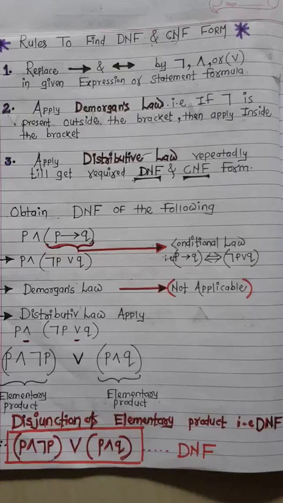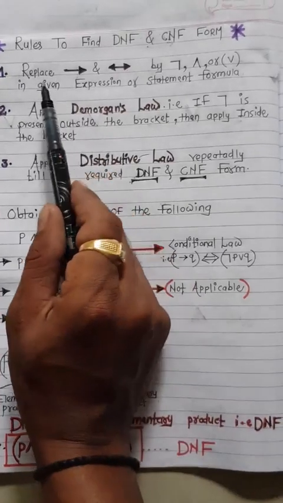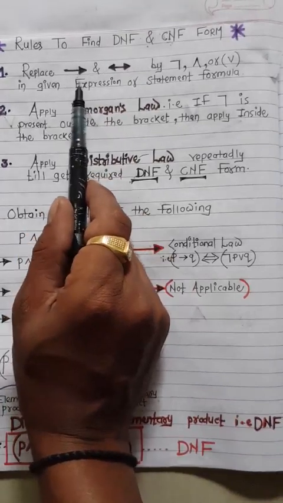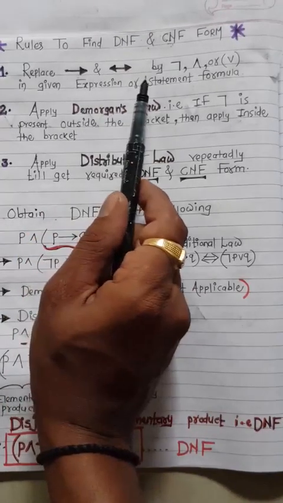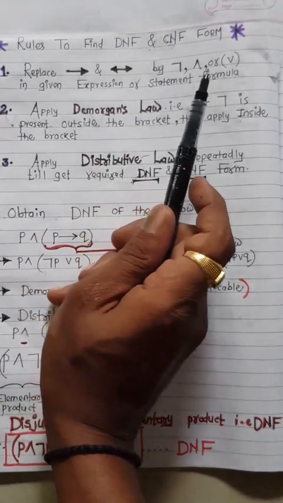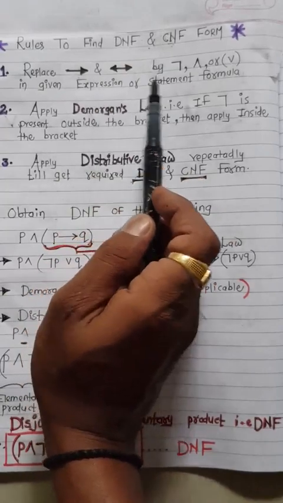So today we'll see how to obtain the DNF and CNF form with respect to a given expression. For that we are going to follow basic fundamental rules. Now, what is the first rule? Replace conditional or biconditional by negation, conjunction or disjunction in the given expression or statement formula.